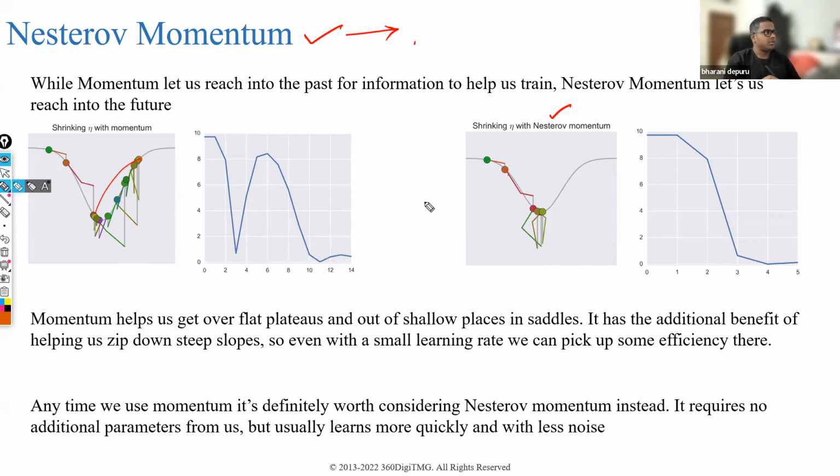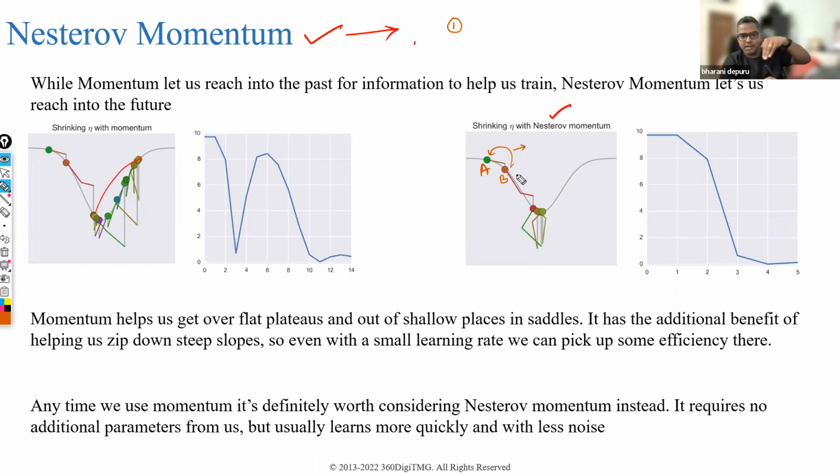Step number 1: say you are at point B. This is point A. As with gradient descent with momentum, when we are at point B, you look back at point A to find the change we computed at this step.